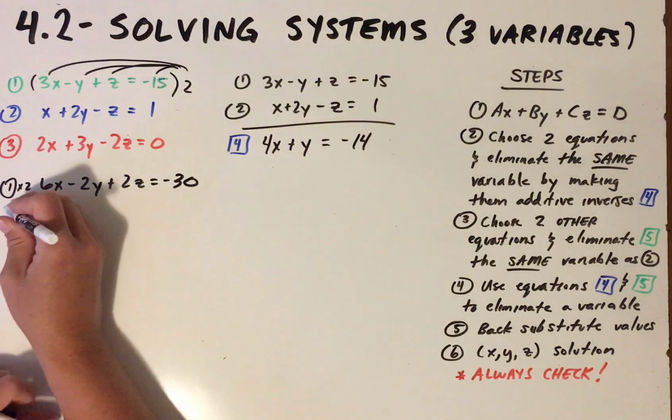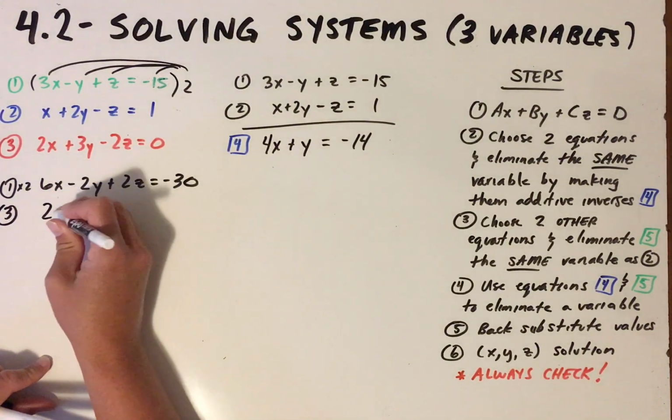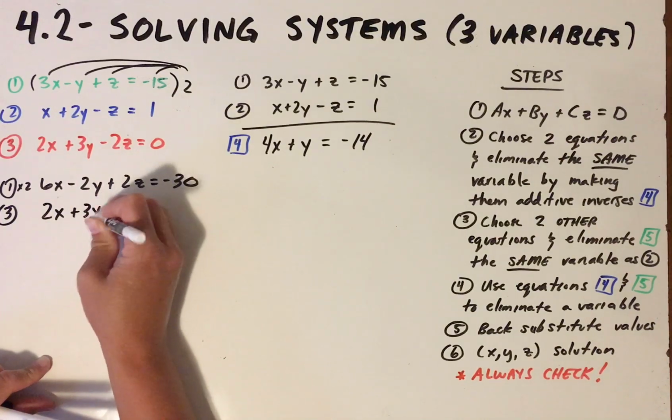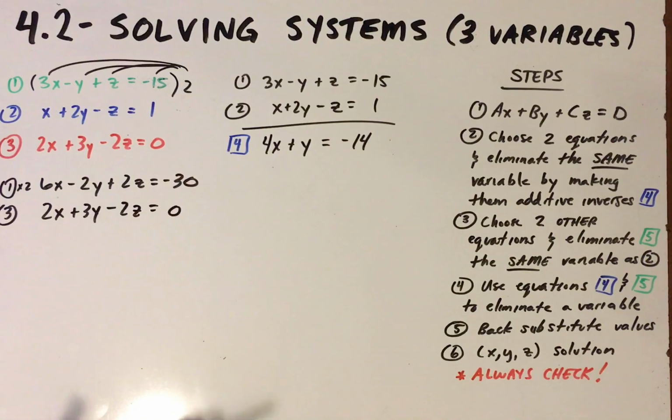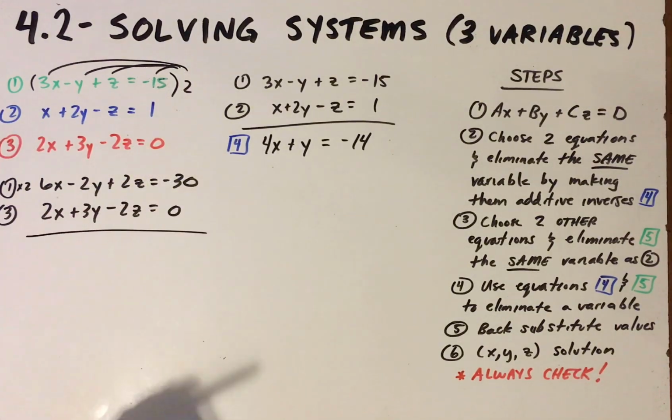Now I'm going to write equation 3 here. 2x plus 3y minus a 2z is equal to 0. Again, I chose the same variable to eliminate. I chose z. If I'm going to eliminate z, every time I choose my equations, I have to eliminate z. Now I'm going to add these together and get my new equation 5.